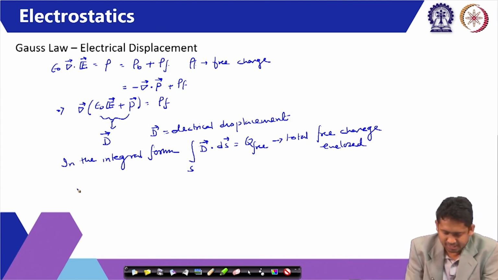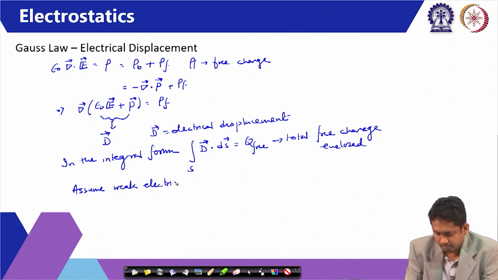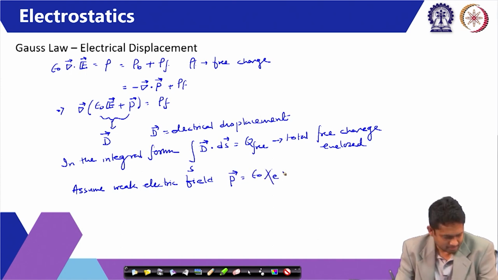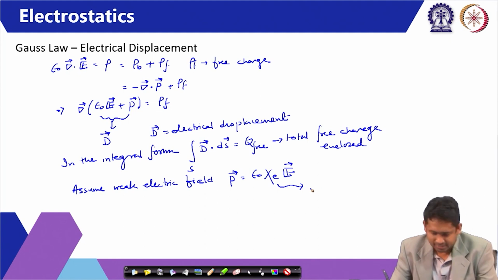Now, if we assume that the electric field is weak, then polarization P can be assumed to be proportional to the electric field. So, we can write this, where this is called electrical susceptibility.